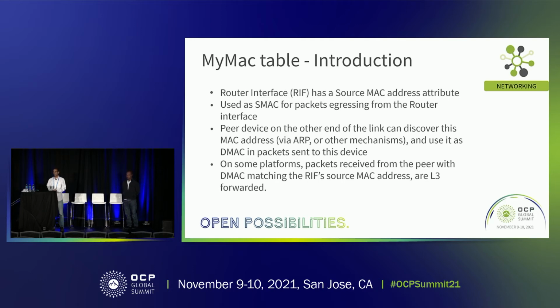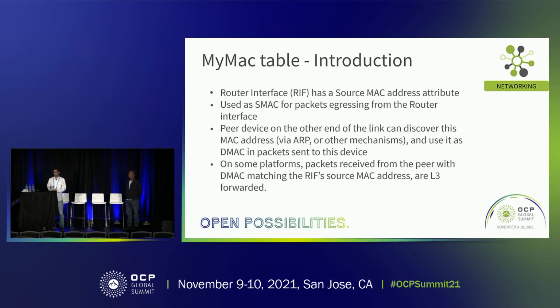In the egress pipeline, as the name suggests, it's used to stamp the source MAC in the packet egressing that particular router interface. In the ingress pipeline, analogously, it is used to match against a received packet's DMAC. So essentially, if the received packet's DMAC matches the router interface's SMAC, it's destined for the router, and this packet thus needs to be L3 forwarded.